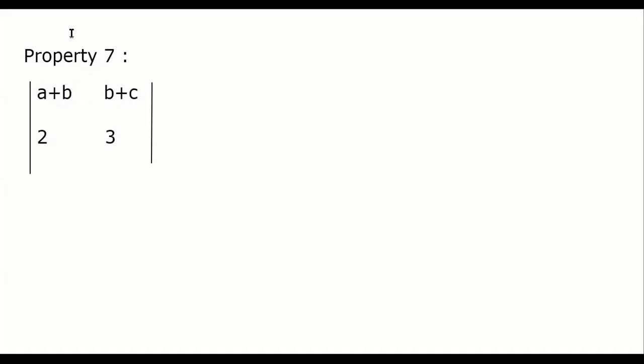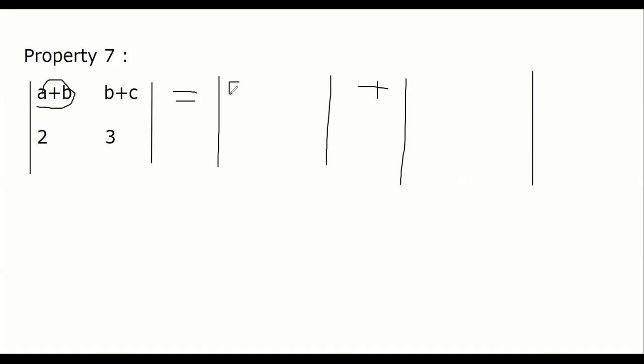How? Very easy. But be careful, it's all about the elements. One determinant will come here plus another, and I am talking about the value of the determinant, guys. It's not the matrix, it's the value of the determinant. So this is the sum of two items. Just take the first item, A here, B here. Here B and C, B here, C here. And 2, 3, 2, 3 are the same.